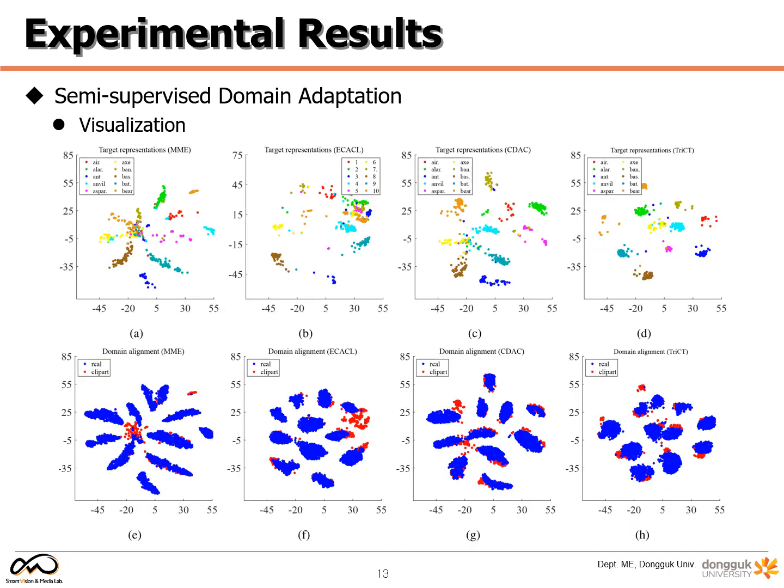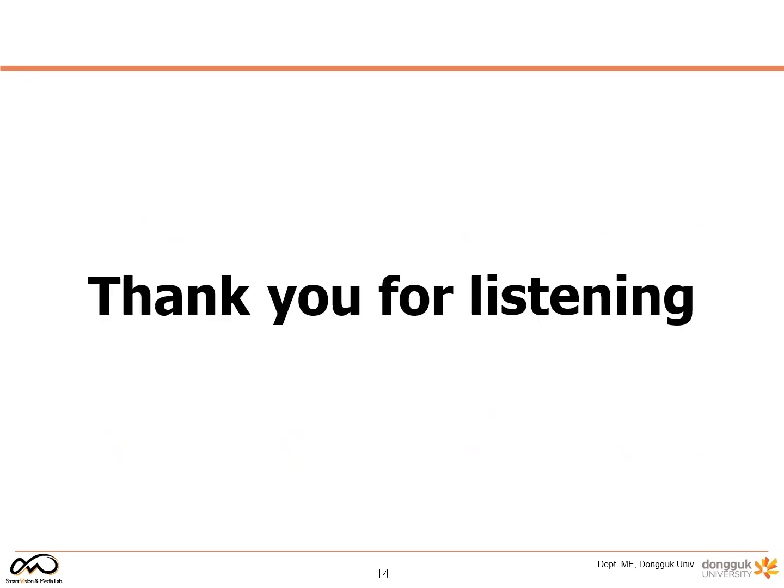We also compare the proposed method with previous work as shown in this figure. Our proposed method aligns the domains very well and discriminates clearly among the different classes. So thank you for listening.